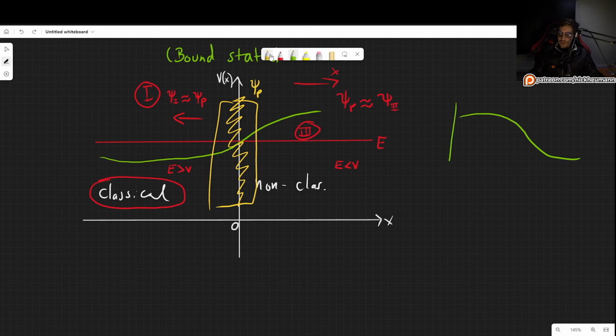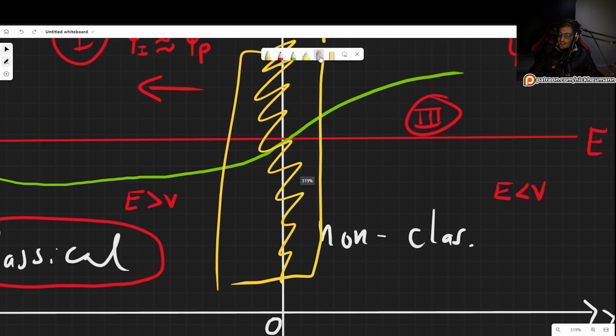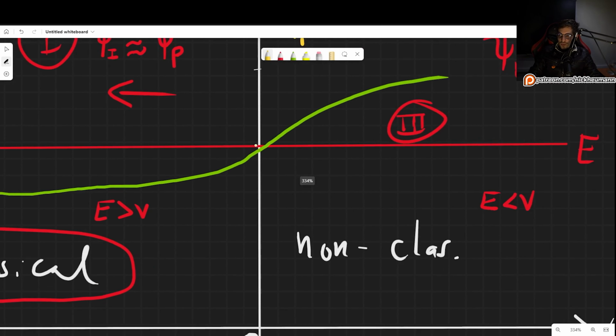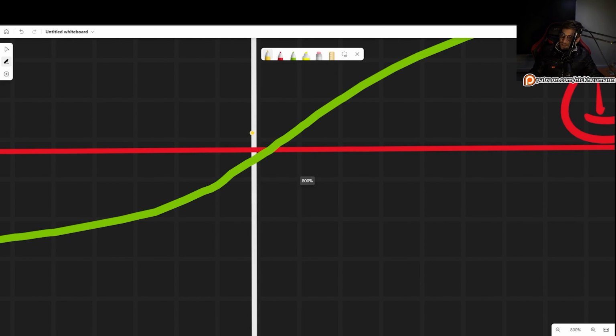Now, how do we find this patching wave function? Well, let me show you how we can approximate this potential. Now, it is curvy, it is a curve, but if we just zoom in, this is basically a straight line.